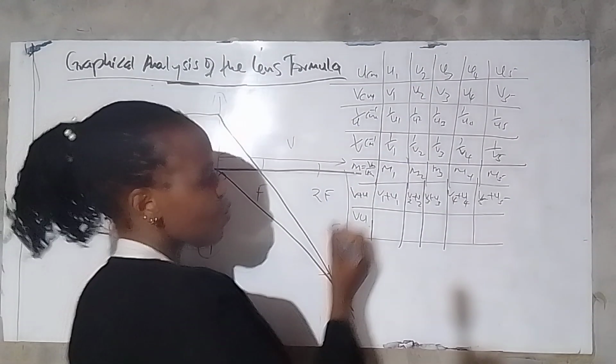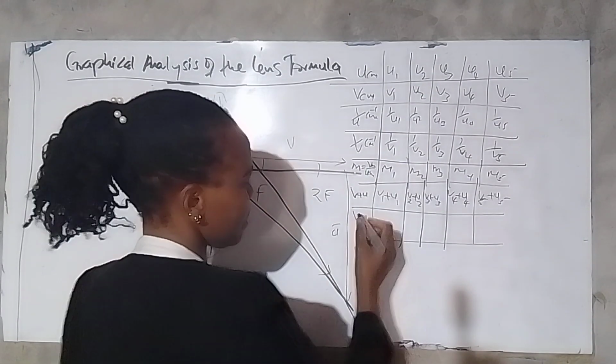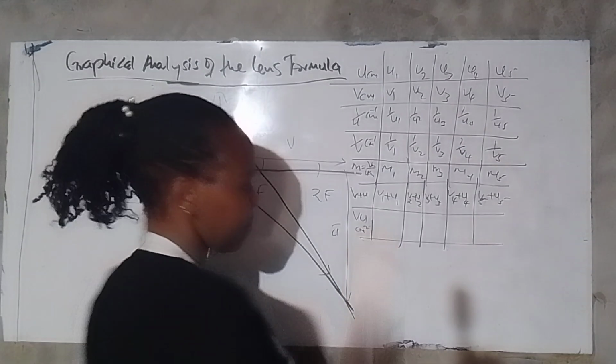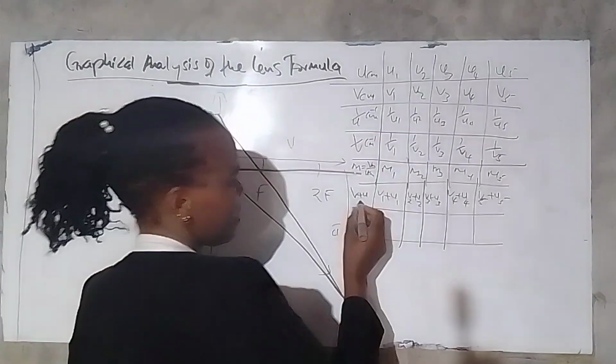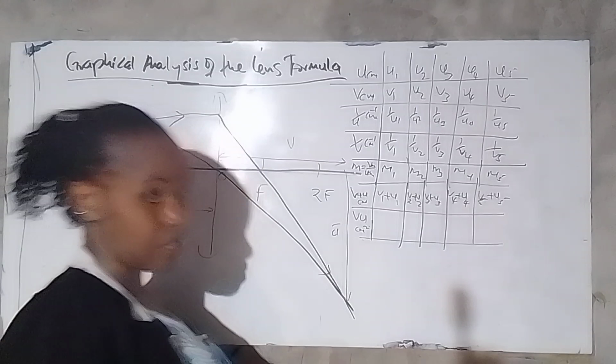The other one is UV. This is in centimeter square, remember, it's centimeter times centimeter, and U plus V is in centimeters.